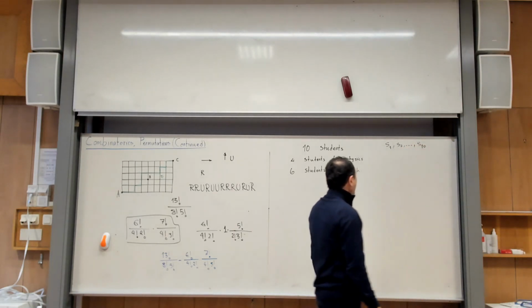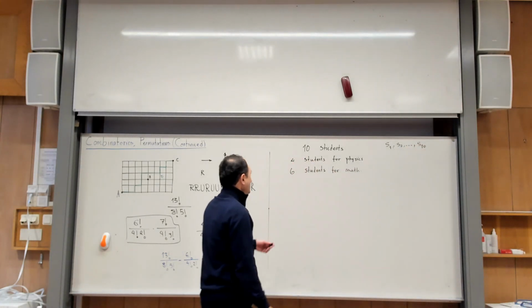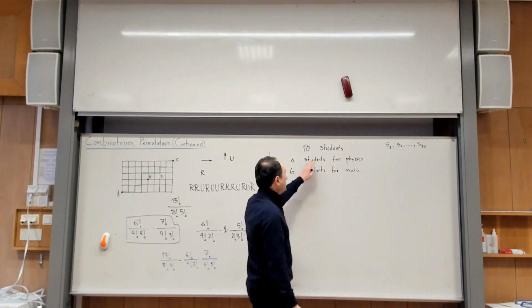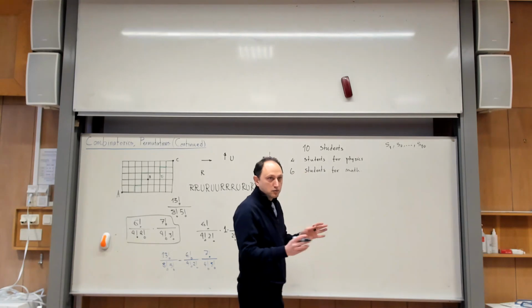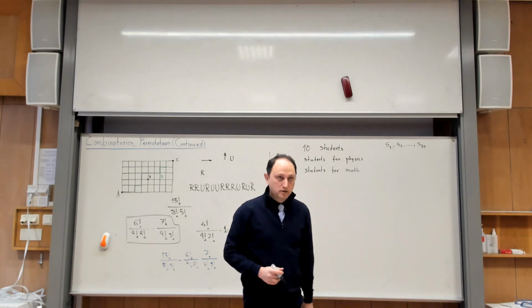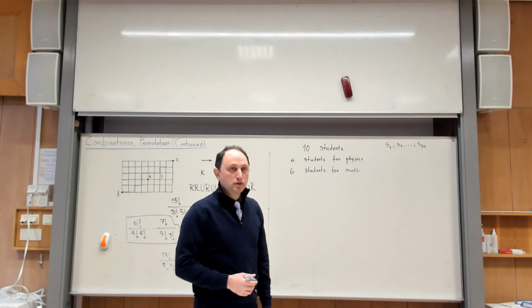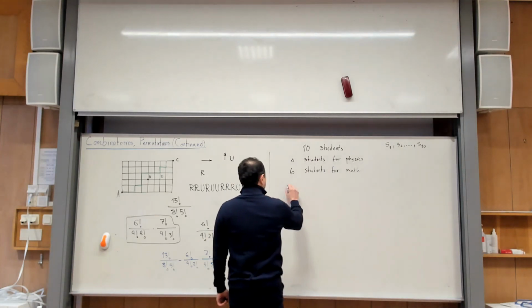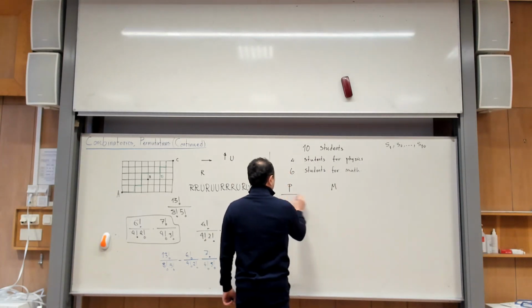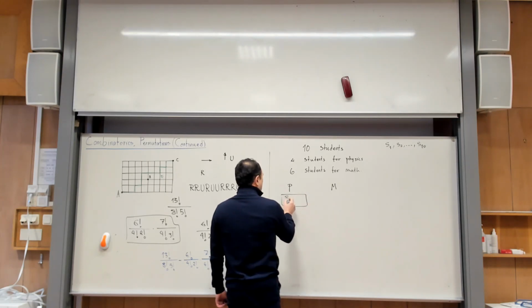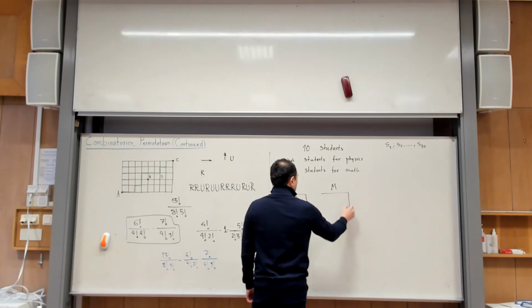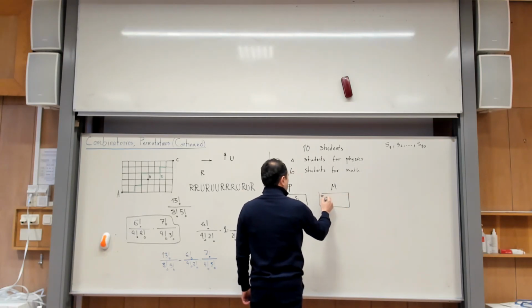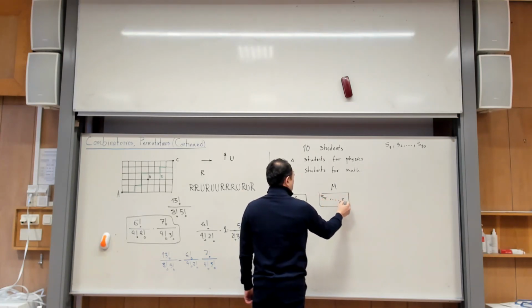One possibility is to choose S1 to S4 for physics and the rest for math. That is one grouping, yes? So in how many ways can I do this grouping? I can write physics here, mathematics here. One possibility is that S1, S2, S3, S4 is here, and for mathematics we have S5 up to S10.